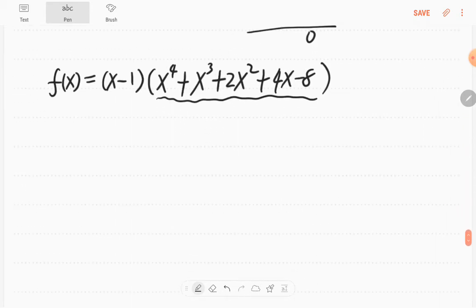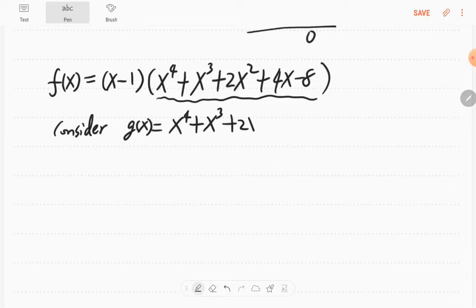We're using the same way for this one. For this one, what is the possible rational number? For this part, we consider g of x equal to x to the fourth plus x cubed plus 2x squared plus 4x minus 8.